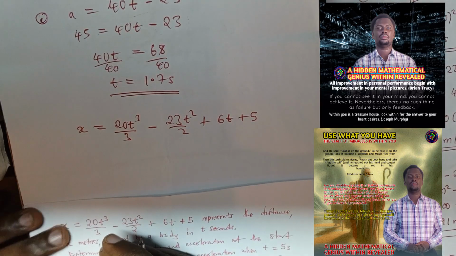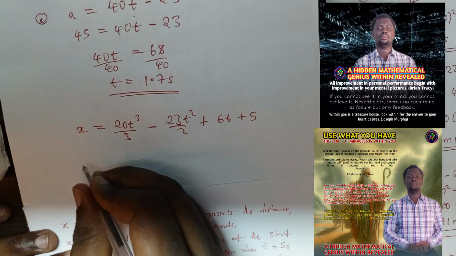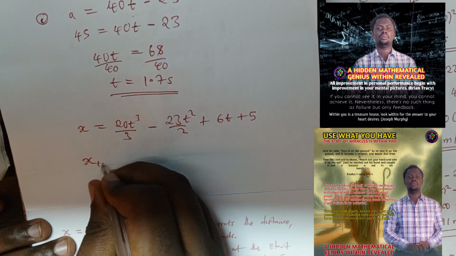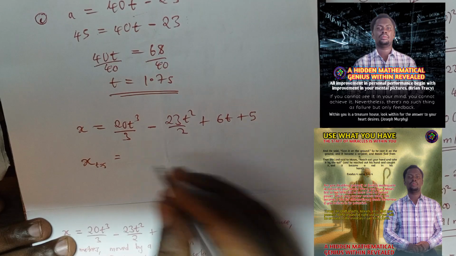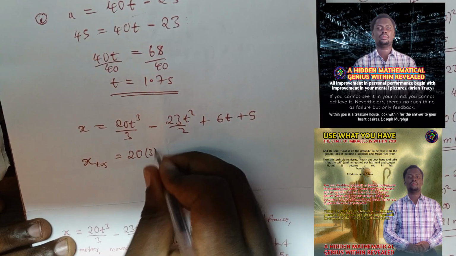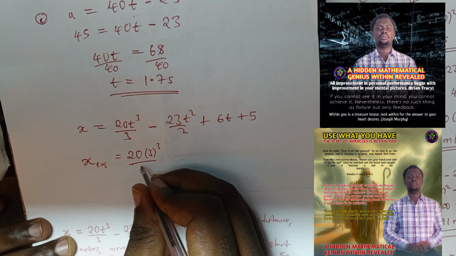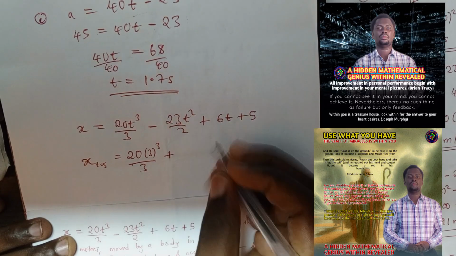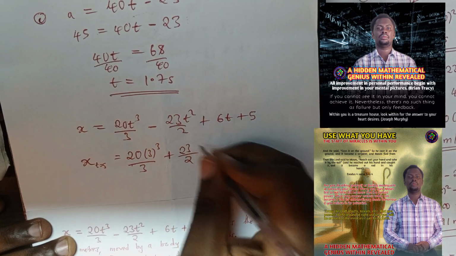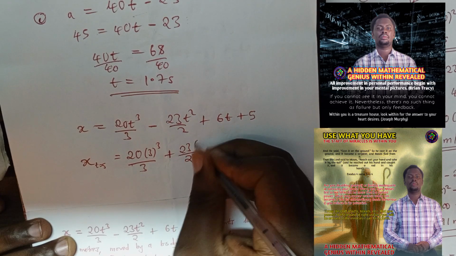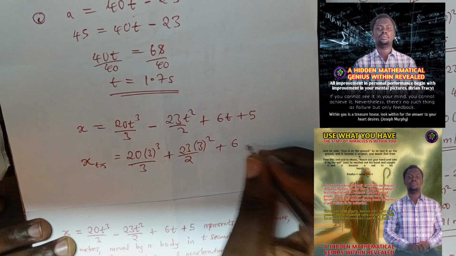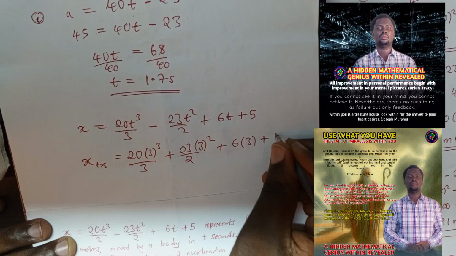So we are going to have x at t is equal to 3 is equal to 20 times 3 cubed over 3 minus 23 over 2 times 3 squared plus 6 multiplied by 3 plus 5.